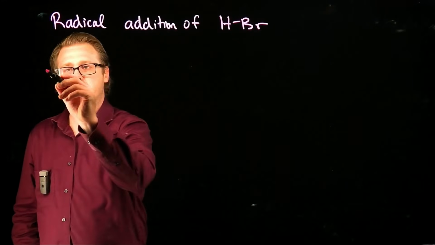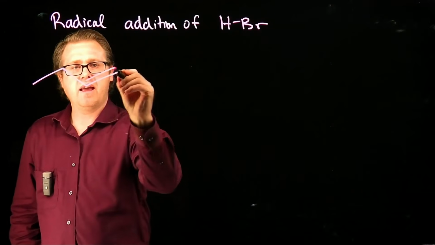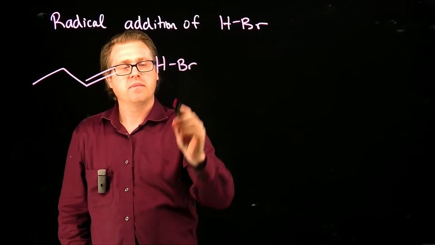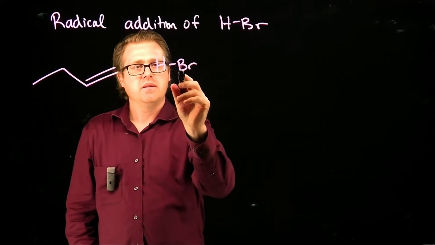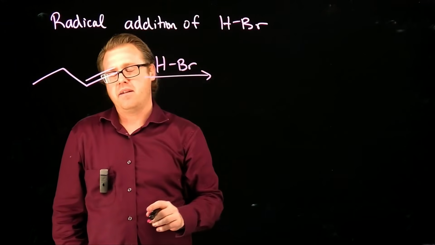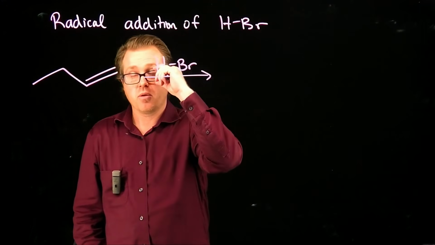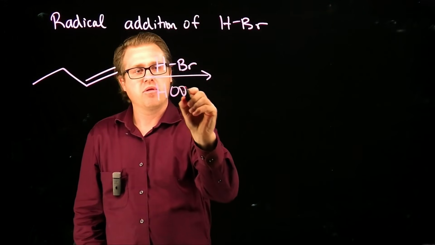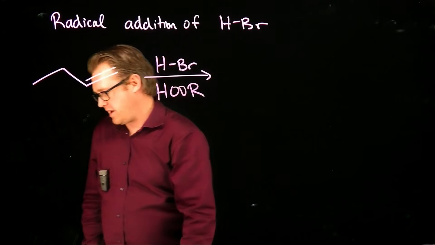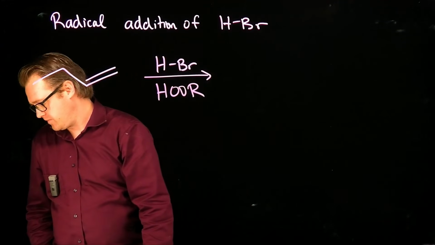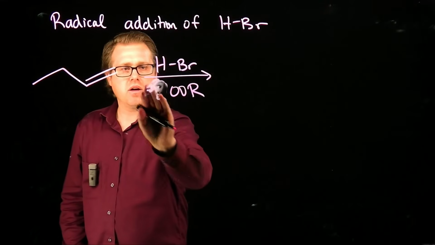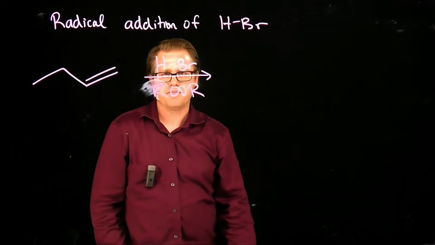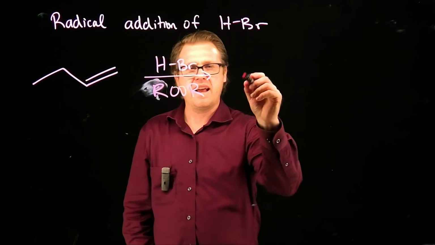Recall from previous chapters that if you had an alkene and you treated it with HBr and only HBr, and we'll talk about the reasons why only HBr works in upcoming chapters, and we add a peroxide of sorts in the reaction right there, let's make that an R, a peroxide, remember that it's going to add anti-Markovnikov.